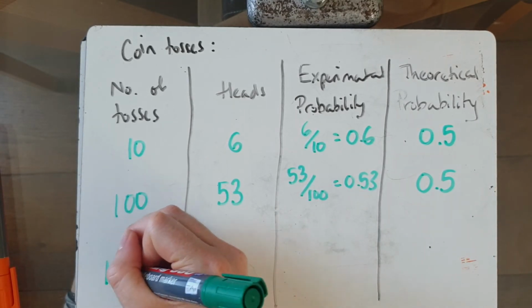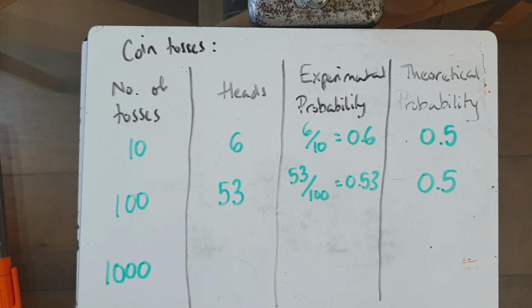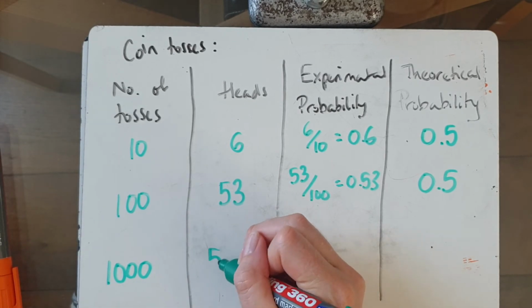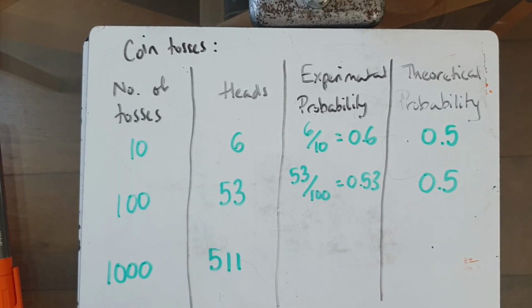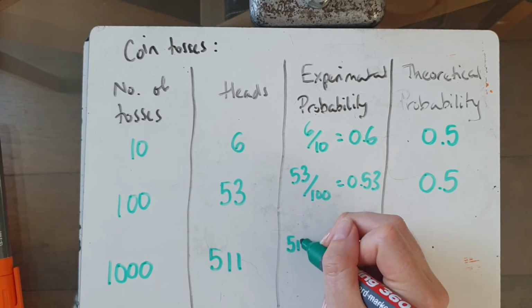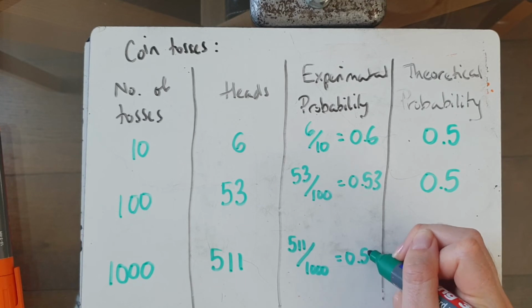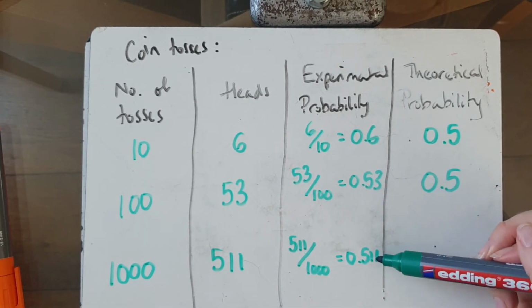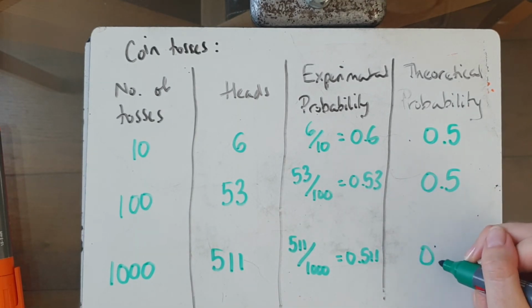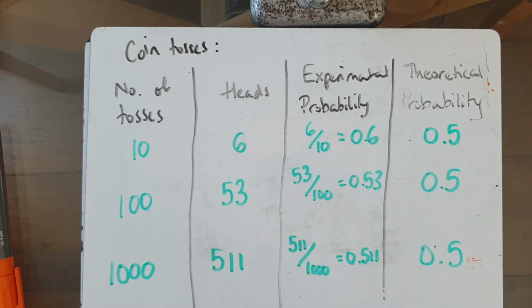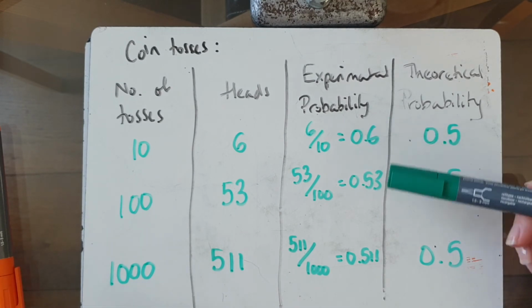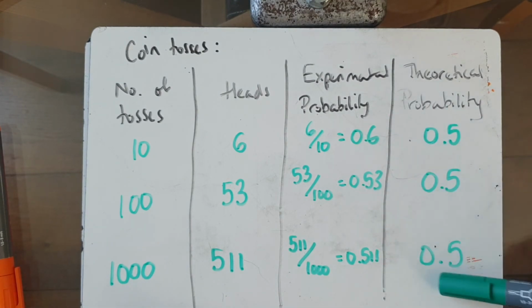So maybe we would toss the coin 1,000 times. We could end up with 511 heads. This would give us an experimental probability of 0.511, which again is closer, but still not quite 0.5. However, as we carried out more trials, we would expect this probability to get closer to the theoretical probability.